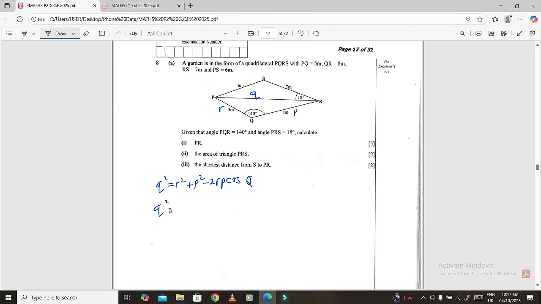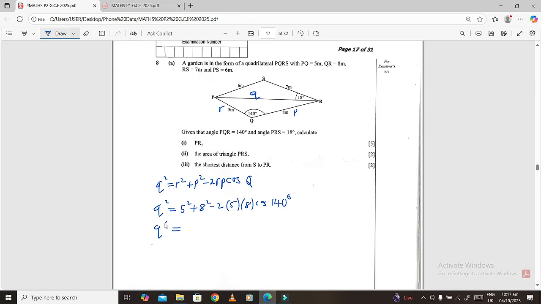So what is our small letter q? That's what we are looking for. r is 5, so that's 5 squared plus 8 squared minus 2 times 5 times 8 cos 140 degrees.